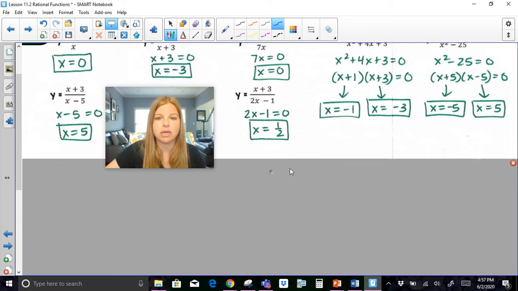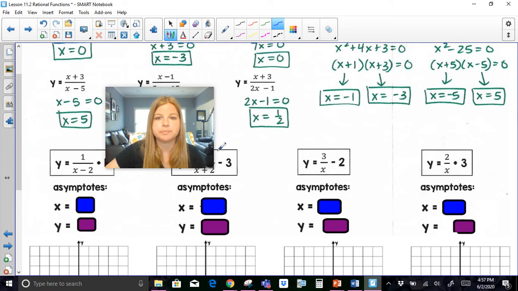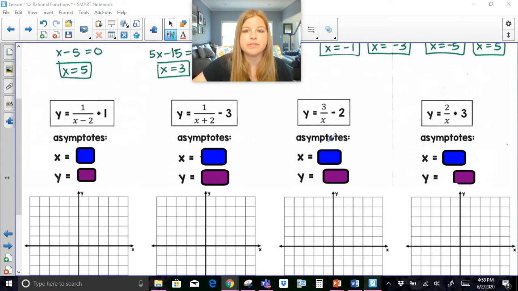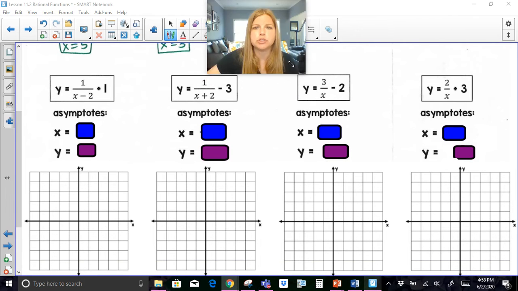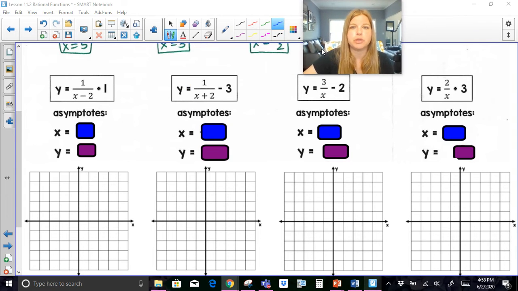So let's take a look at the next set of problems. I've got 4 graphs that we're going to be actually creating mildly. We're not going to be super, super nutty with the points, but we're going to make them approximately. So the first thing I want to actually do with you is I want us to label the asymptotes. I'm going to give you this graph, we're going to remember that the formula is y equals a over x minus h plus k.